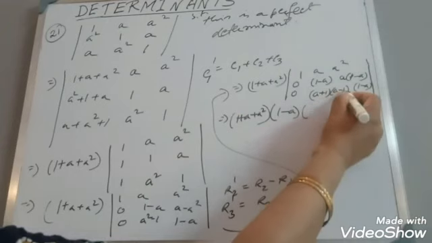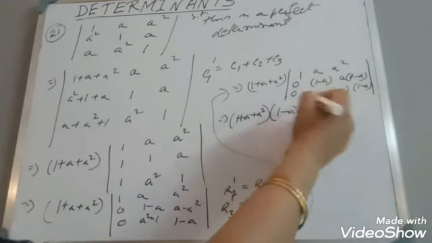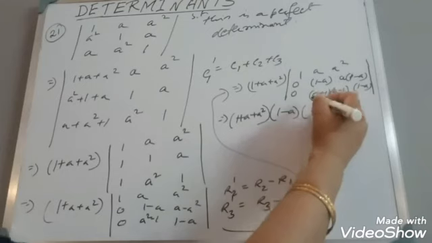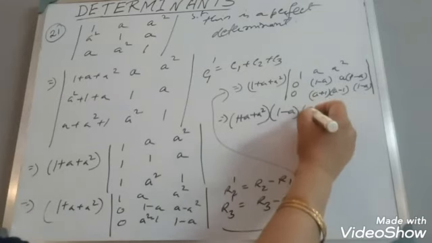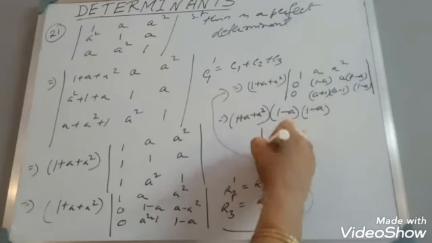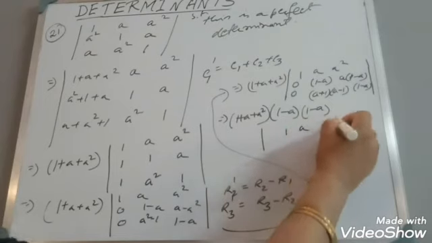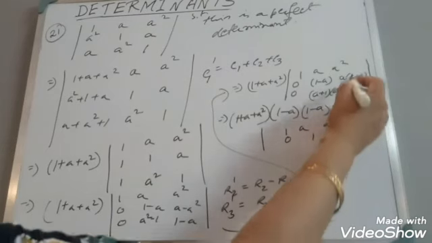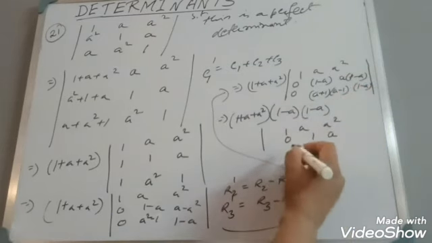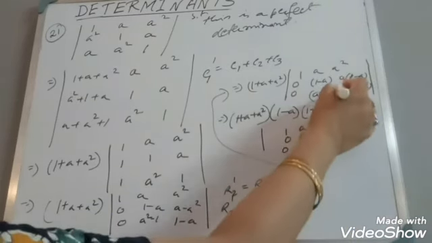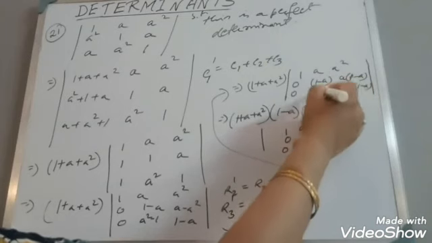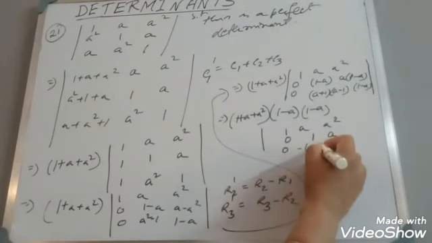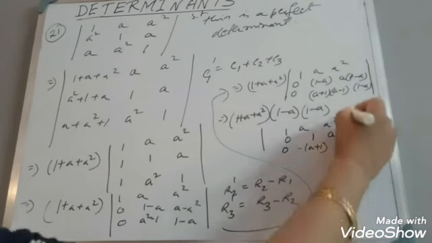Since it is a minus 1, we take 1 minus a and it will be minus of a plus 1. The determinant will be 1, a, a square; 0, 1, a; 0, minus of a plus 1, and 1.